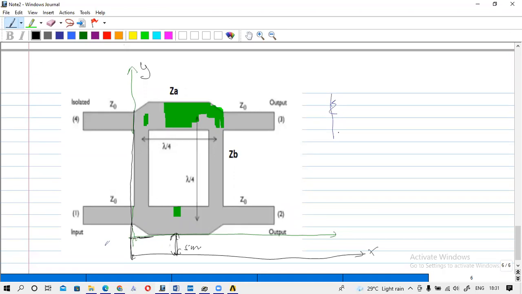So I will use a pen and paper and return. Meanwhile you can find this point by yourself. This is your x-axis, this is your y-axis, and already you have this 5 mm. What is this length from here to here? It should be 2.4.